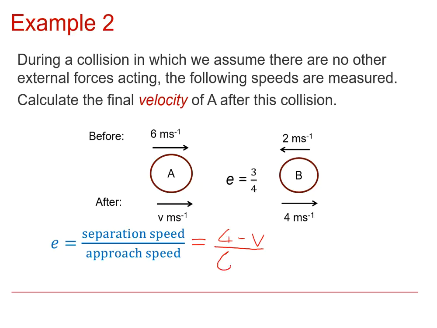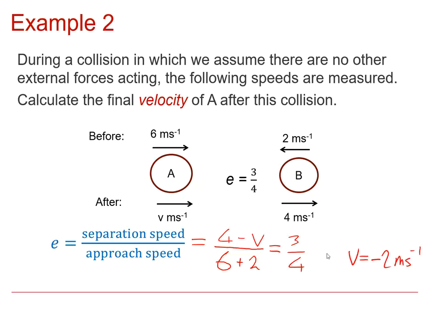The approach speed will be 6 plus 2. And what we know is that that is equal to the coefficient of restitution, which is e, and we're told that is equal to 3/4. Alright, so if we rearrange that for v, we find that v is minus 2 meters per second.